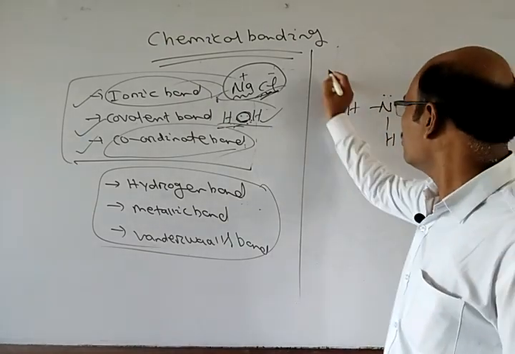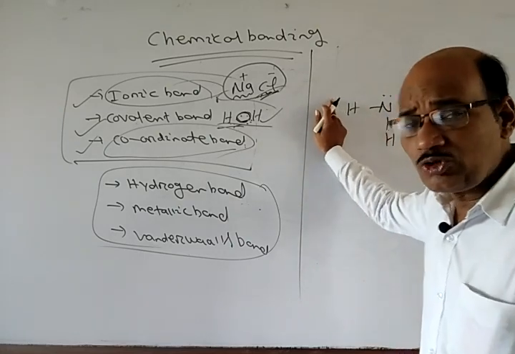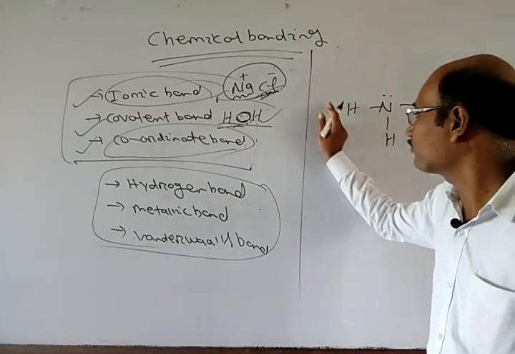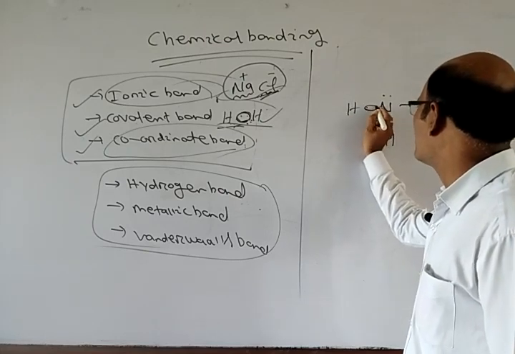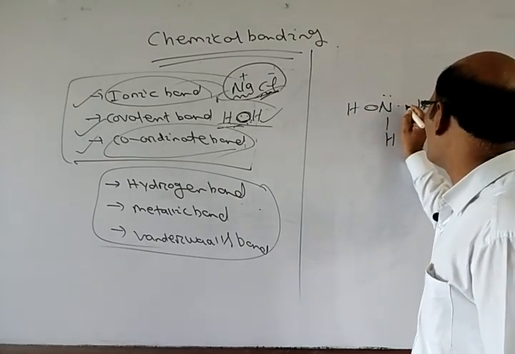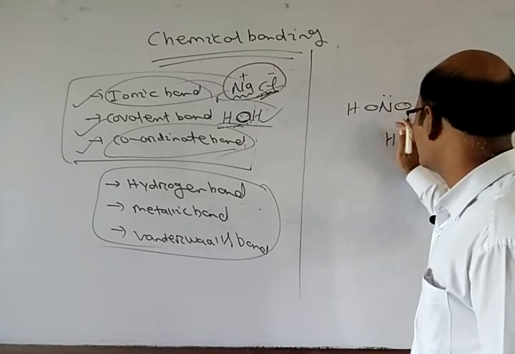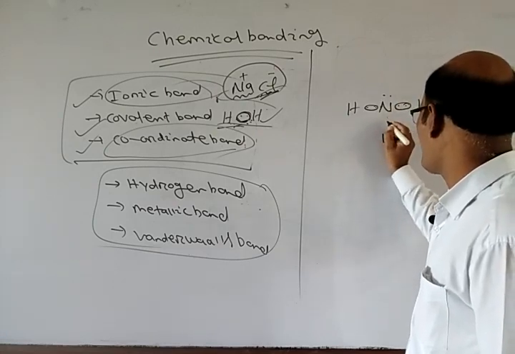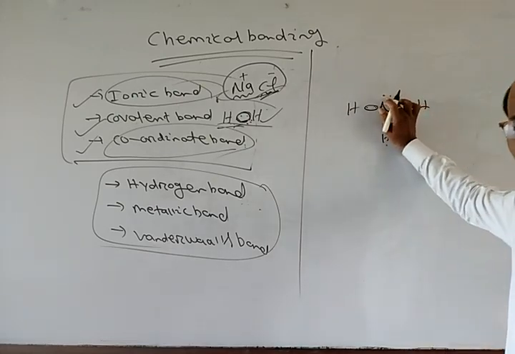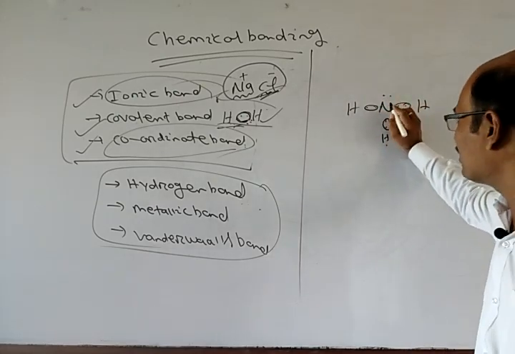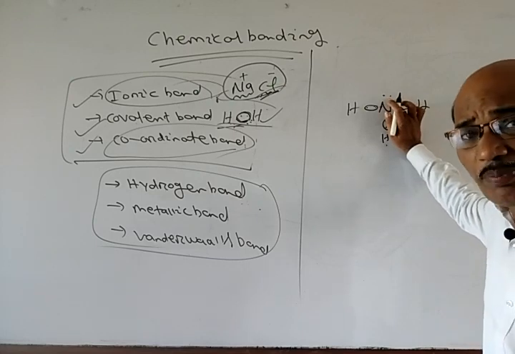Nitrogen, you know, is 2, 5. So 5 electrons are there in the outermost orbit. Already 3 covalent bonds are formed with the 3 hydrogen atoms in the ammonia molecule. What we have is another pair of electrons present here in the nitrogen atom. This is called a lone pair of electrons.